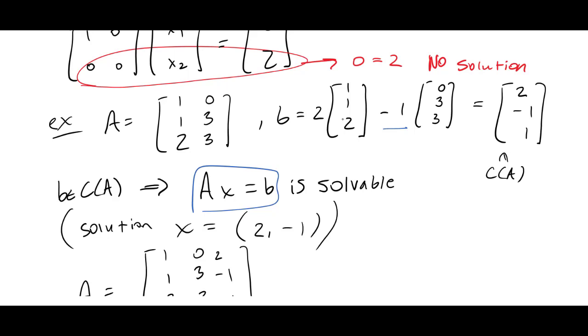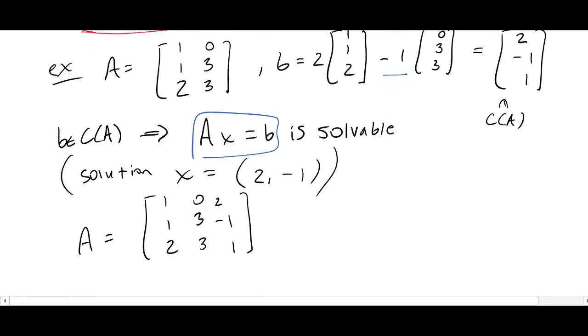So if I take this matrix A and adjoin this new column 2, negative 1, 1, which was the vector b that was already in the column space, it doesn't really change the column space at all. Let me call this matrix D. The column space of D is going to be the same as the column space of A. But now the solution to Ax equals b is not unique.